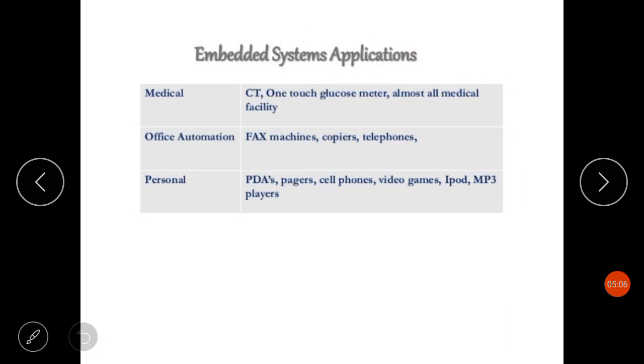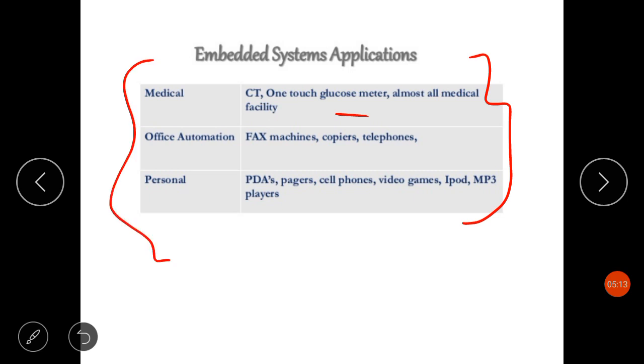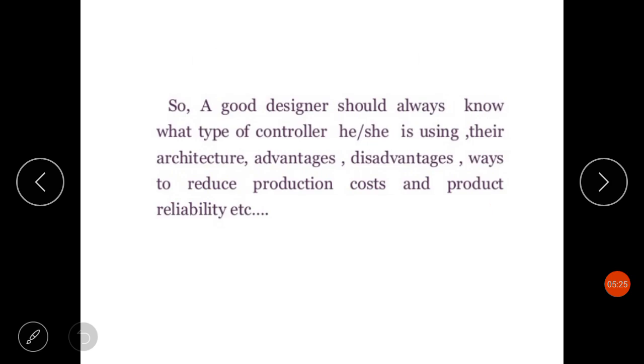Then moving on, these are the other embedded system applications. These are all the embedded systems. These are the fields where embedded systems are applied. Like in the medical field, we have embedded systems such as the one-touch glucose meter. Almost all medical facilities have embedded systems.